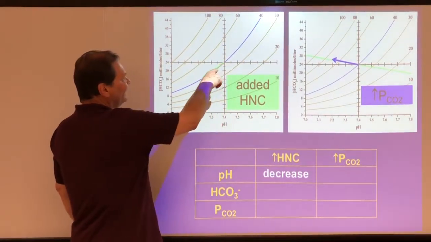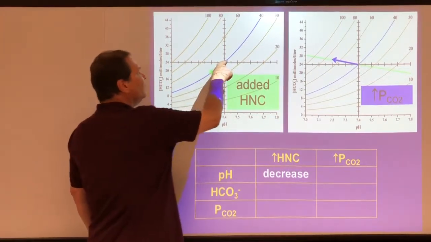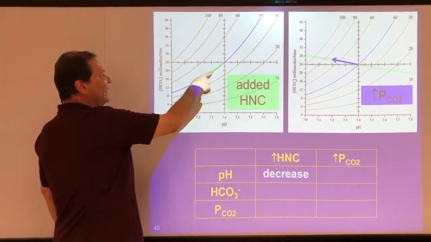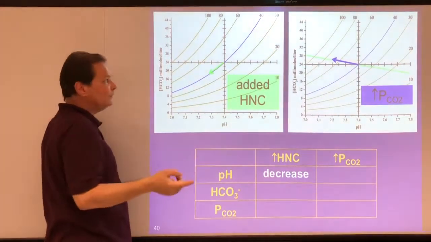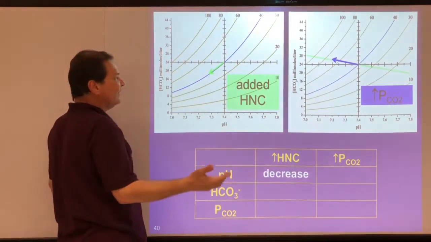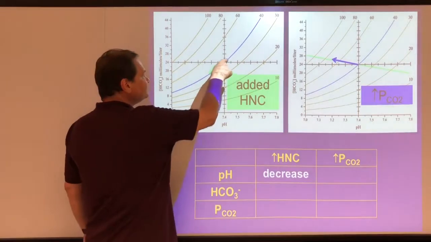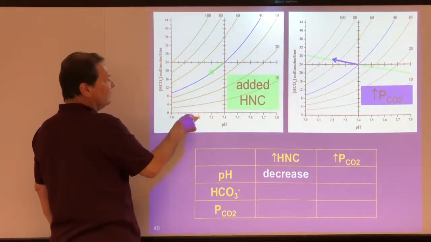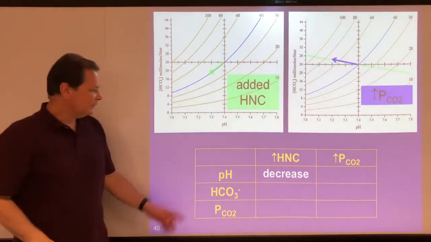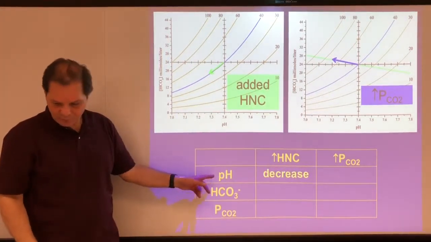And you can see that here. Here's our Davenport nomogram. We're going down in pH along our 40 isobar, assuming that we've got a normal PCO2, which we can safely assume. And so our pH goes down along that green line, okay? So we get a decrease in pH.